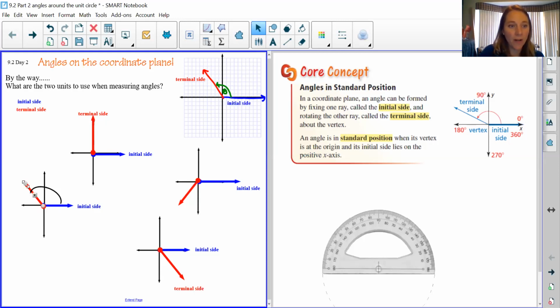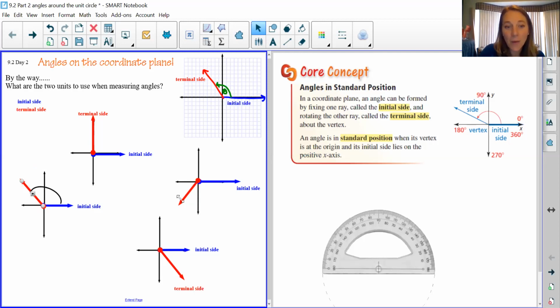I'll show you over here, where I rotate this around and move through quadrant 1 to 90. 90 is the border between quadrant 1 and quadrant 2. Quadrant 2 is when we're going negative as an x value, but positive as a y value. And so you can see I've rotated out this obtuse angle that takes us all the way into quadrant 2.